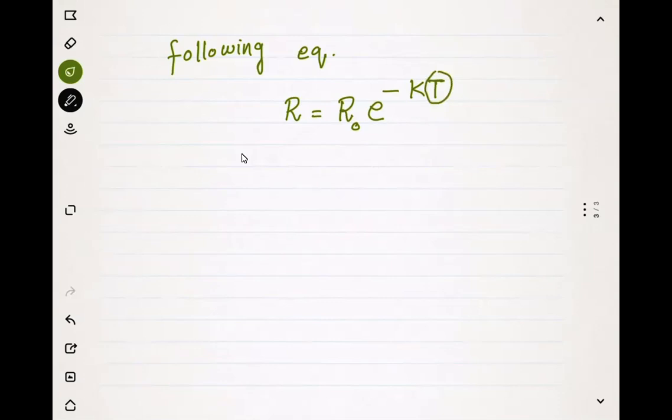If we define the variables, T is temperature in degrees Celsius.